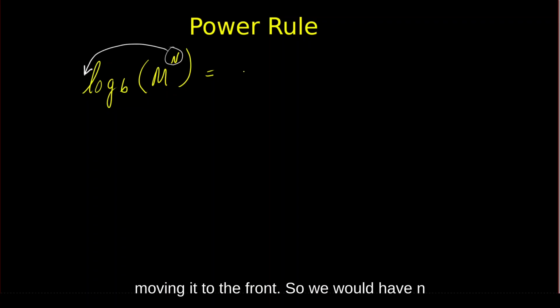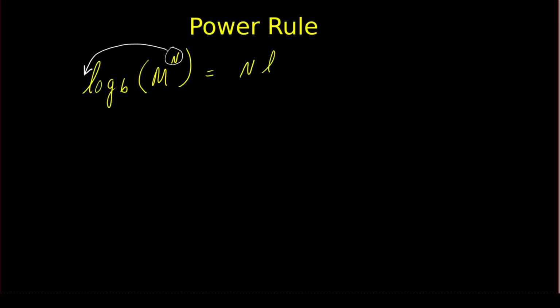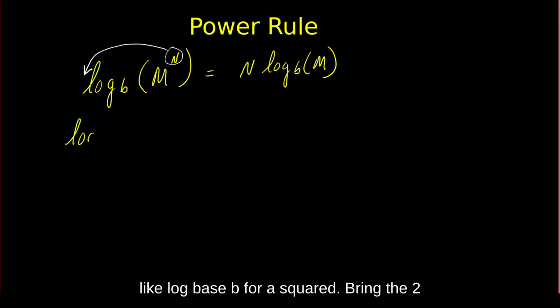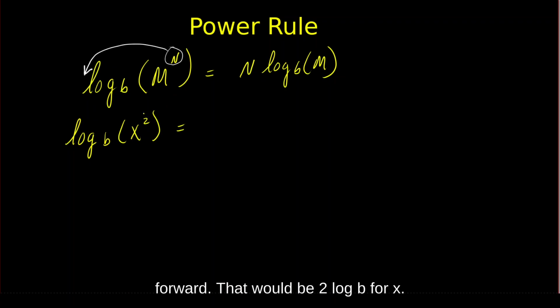So we would have n log b of m. Some examples could be log base b of x squared. Bring the 2 forward. That would be 2 log b of x.